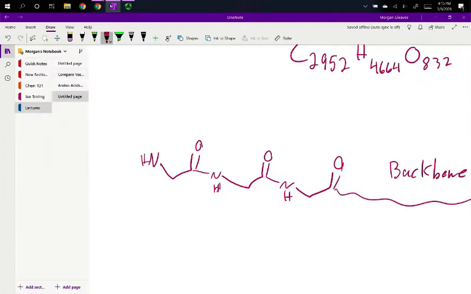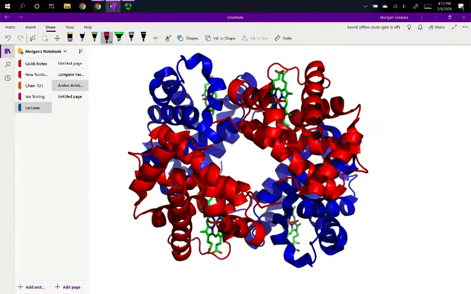Go back to hemoglobin real quick. Those curls, that is following that backbone. All the R groups aren't even being shown here, but they are coming off of those curls. So over here there's some R group, and over here there's some R group. And there's an R group. There's an R group.